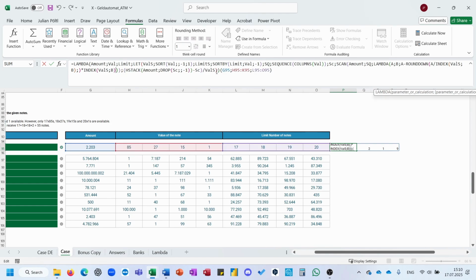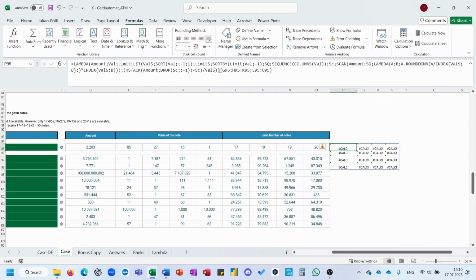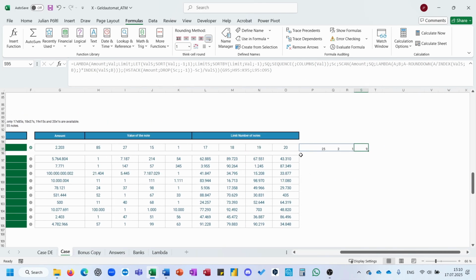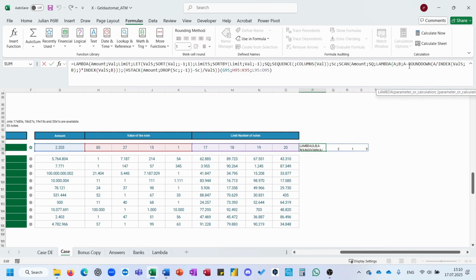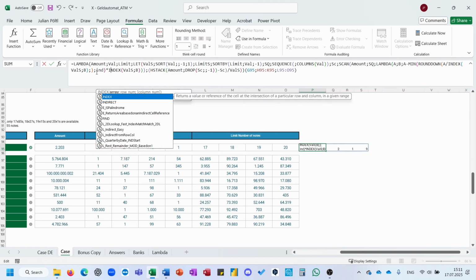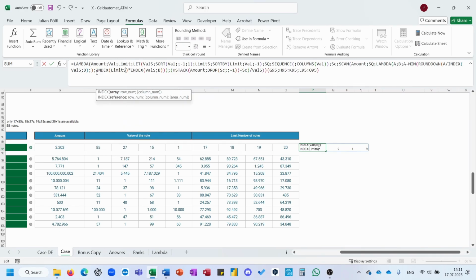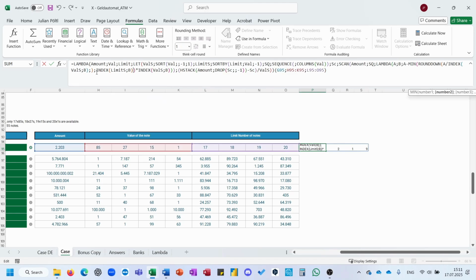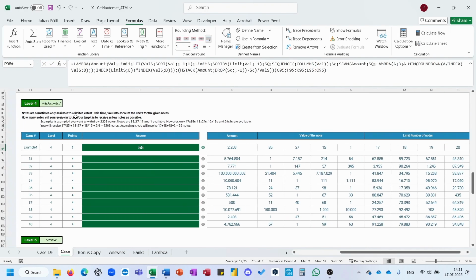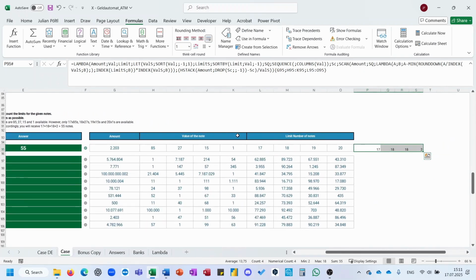Some bracket problems. Now we still have the same, but I can now also include with my sequence the minimum, so the limit. So this here is then minimum of this or index limit s and b. And now 17, 18, 18, 1, I get to the result.